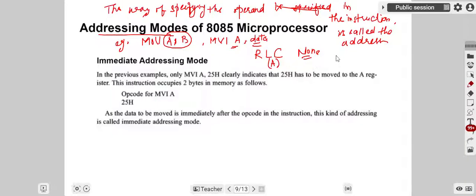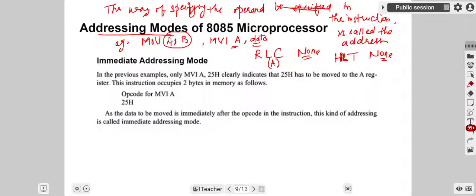Similarly, with the halt instruction, we do not need to provide any operand because the operation is used to stop the current operation of the microprocessor completely. So this is how different operands are provided.